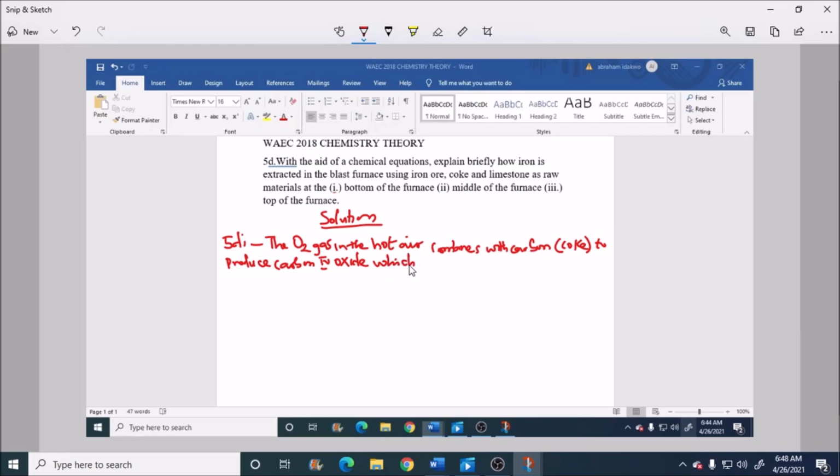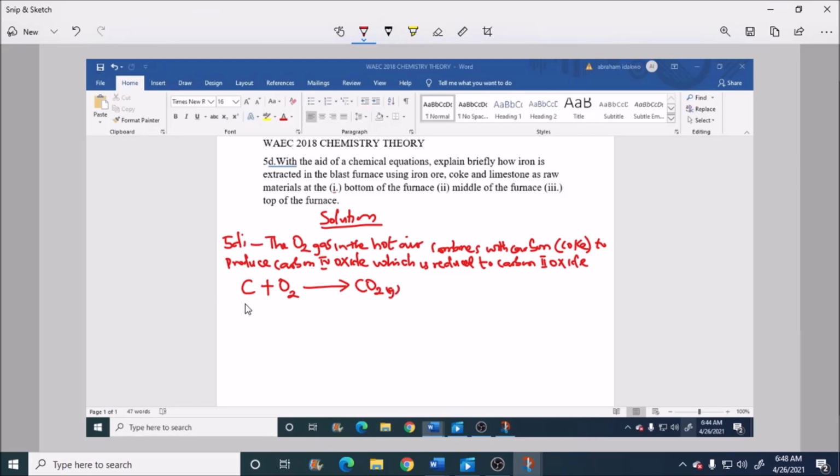So this carbon 4 oxide is reduced to carbon 2 oxide. Don't forget that here we have to use chemical equation. So we have carbon reacting with oxygen gas to give carbon 4 oxide gas.